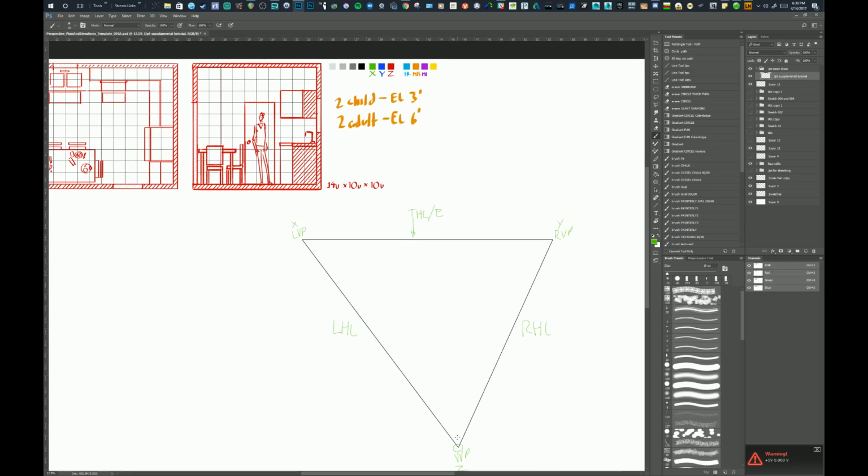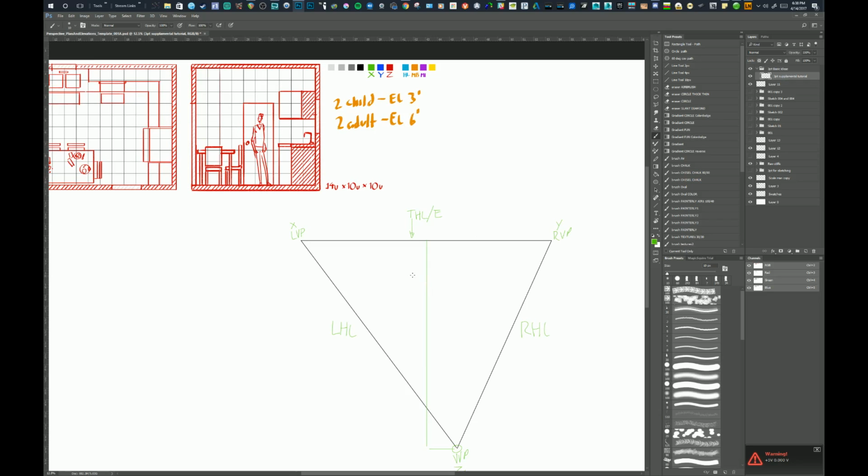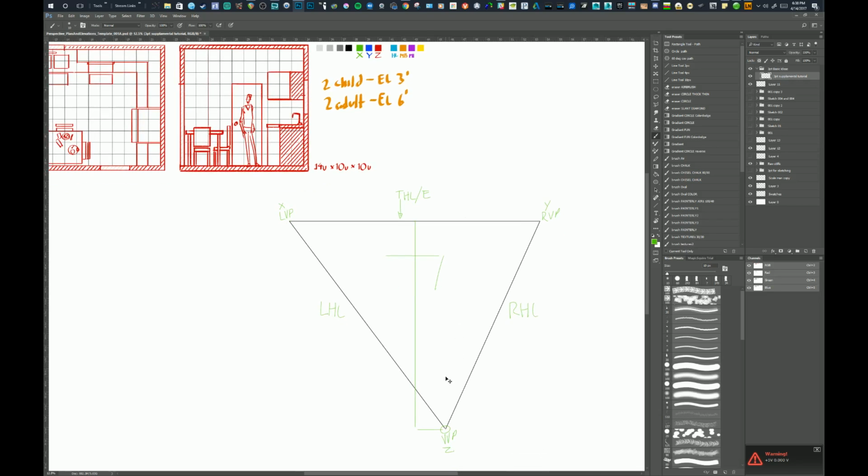If the vertical vanishing point were in the center, then the object might be flush centered, right? But when we place it off to the side, our object is either going to be like this, or our object is going to be like this.